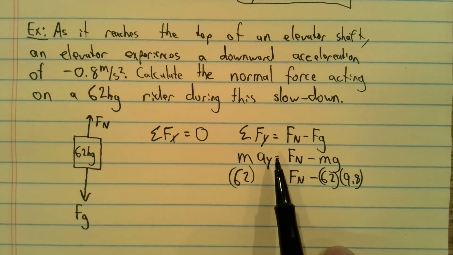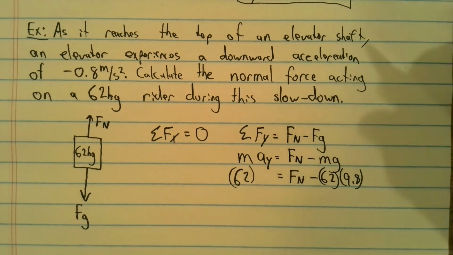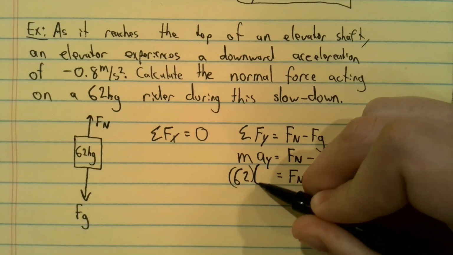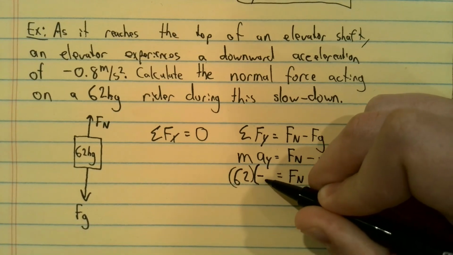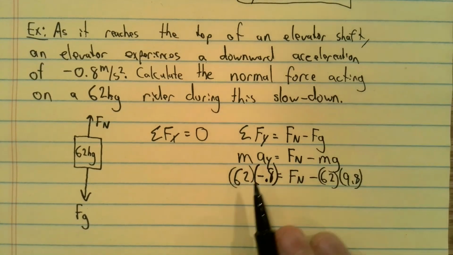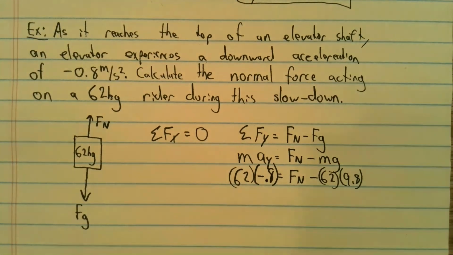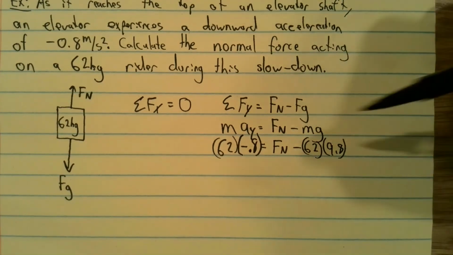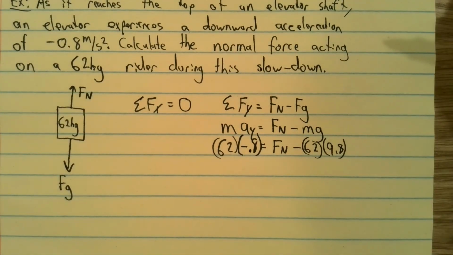The coffee cup is neither speeding up nor slowing down. But here, at the top of the elevator, you're going to slow down. So you're going to experience negative 0.8 meters per second squared of acceleration. And this is one of those rare cases where Fn is not the same as gravity.